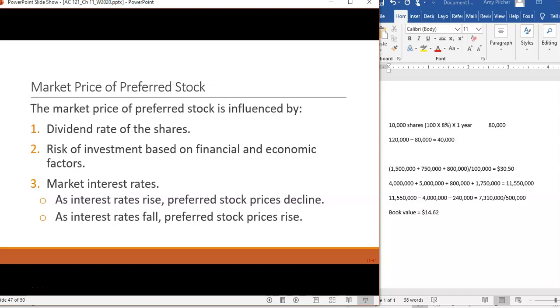However, if the market interest rate is really low, I'm more inclined to get preferred stock than I am to purchase bonds, because I'm going to make more money on interest rates from the preferred stock than I am going to on bond sales. We're going to talk more about the influences of market price on how stock market prices are determined in Chapter 12.